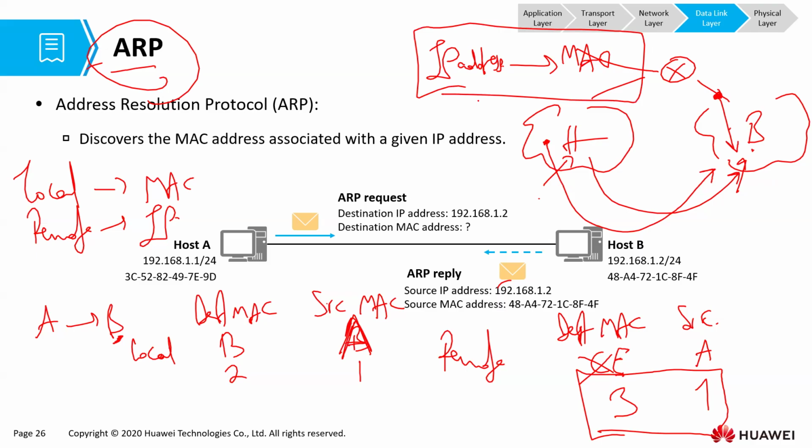So every time I arrive in Bulawayo, there is a directory written that says if your IP address is such and such, it is going to such and such small town in Bulawayo. That is ARP. So it maps my IP addresses to MAC addresses.